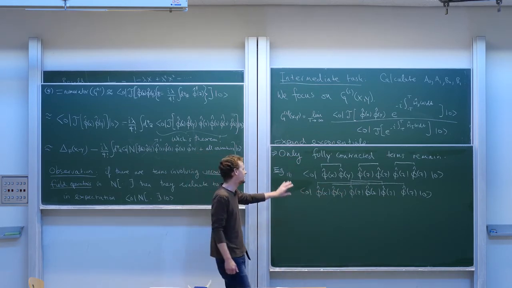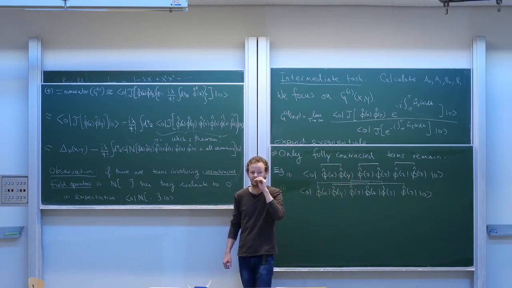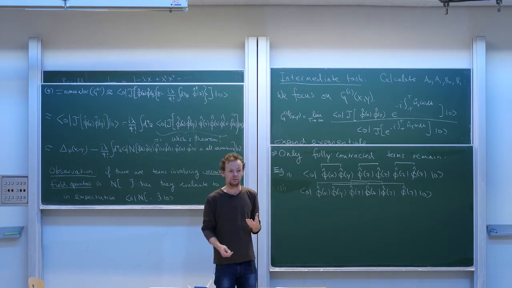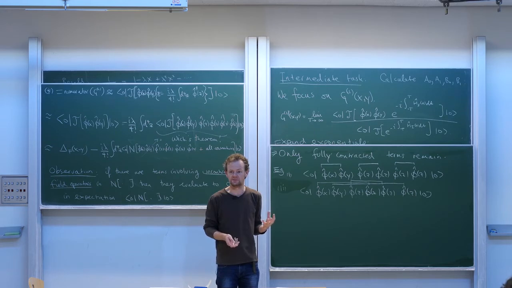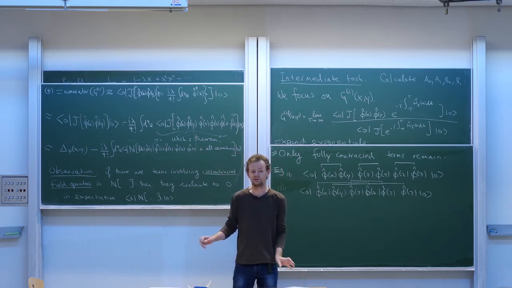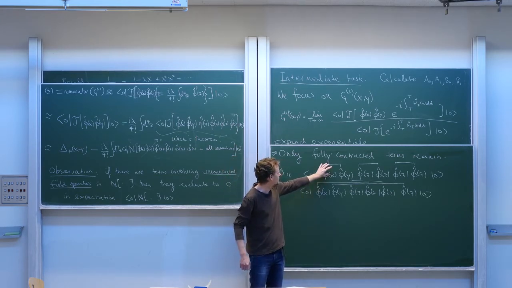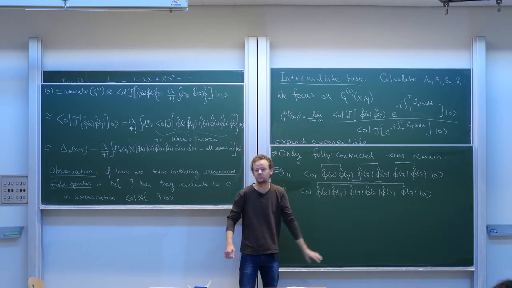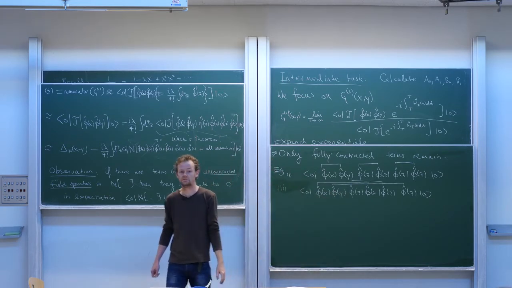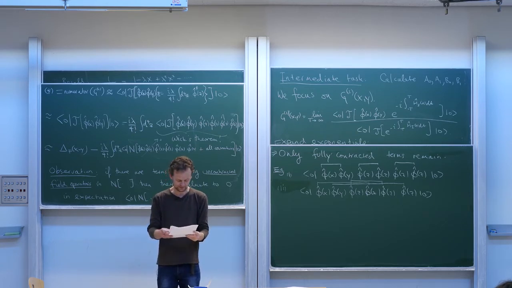We have to come up with very clever ways to count and enumerate and make sure we catch every term that looks like this. The combinatorics that captures that is called the combinatorics of Feynman diagrams, and we're going to spend a lot of time doing that. We're going to solve the hard combinatorial problem of counting and evaluating every single possible fully contracted term like this. That's what Feynman diagrams are invented to help us with.